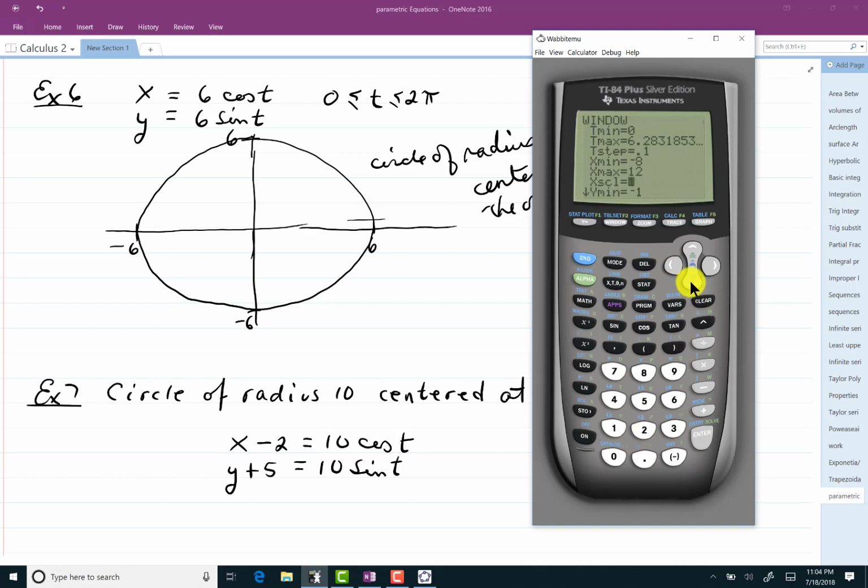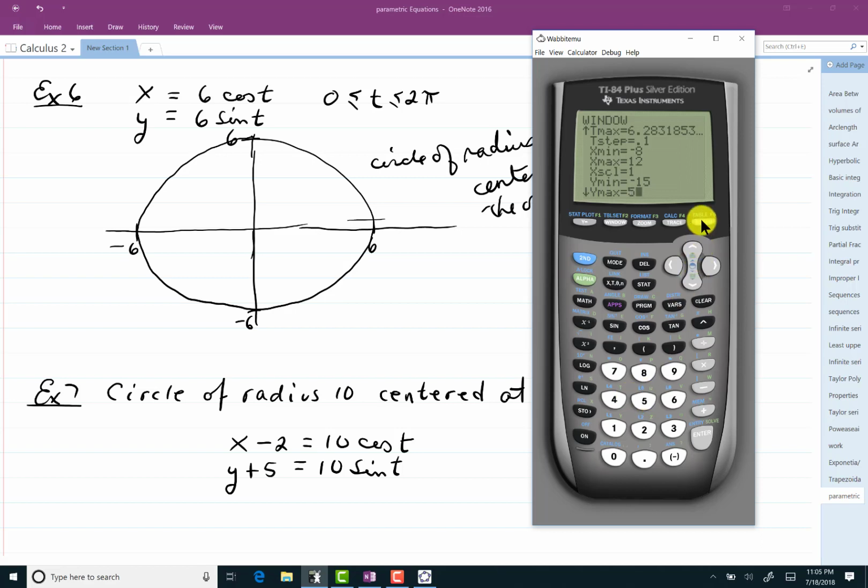Similarly, with the y values, if my middle is negative 5, I need to go 10 in either direction, so from a low of negative 15 to a high of 5.